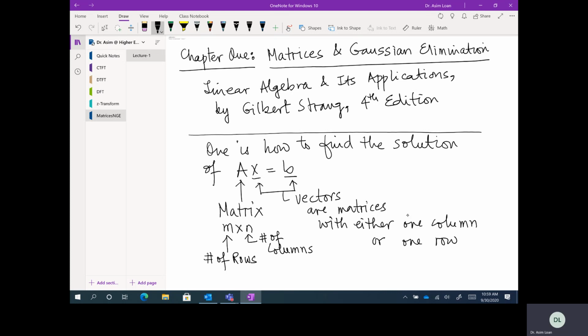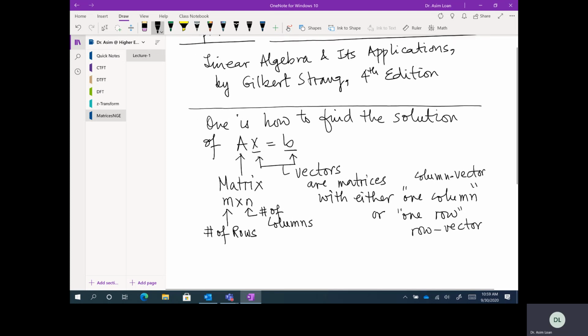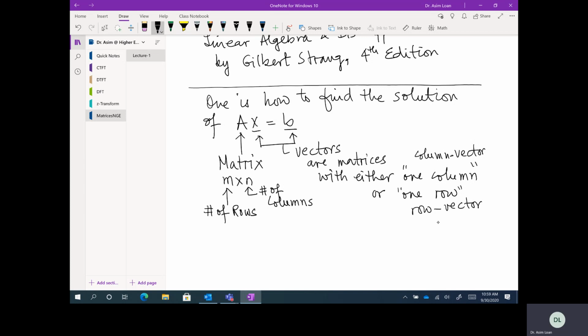If it has only one column, this is called a column vector. And if this is one row, this means it's a row vector. We can always convert a column vector into a row vector by transposing, and I hope you know what that means. So AX equals B.